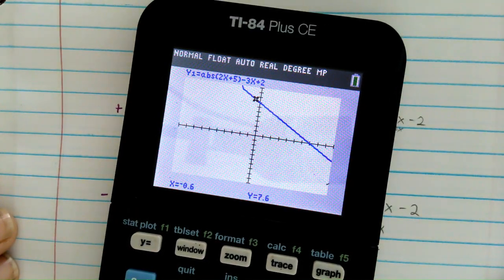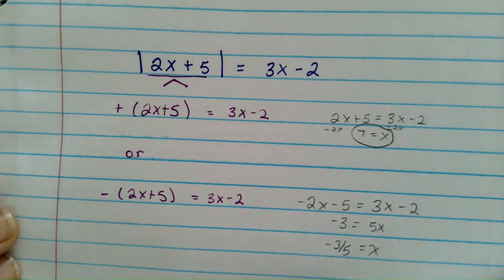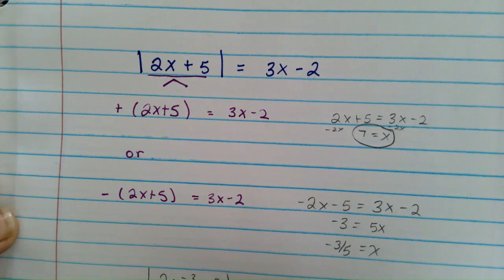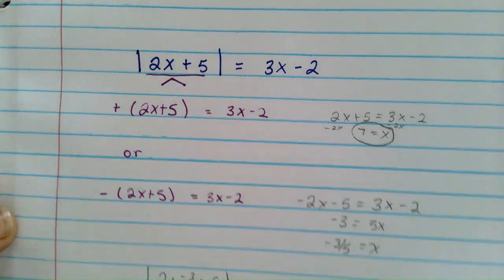It's not 0. Okay, why did I get that from my work, but I'm not getting it from the graph? Well, let's check out what happens when I substitute negative 3/5 in. The absolute value of 2 times negative 3/5 plus 5, we'll look at that, versus 3 times negative 3/5 plus 5.